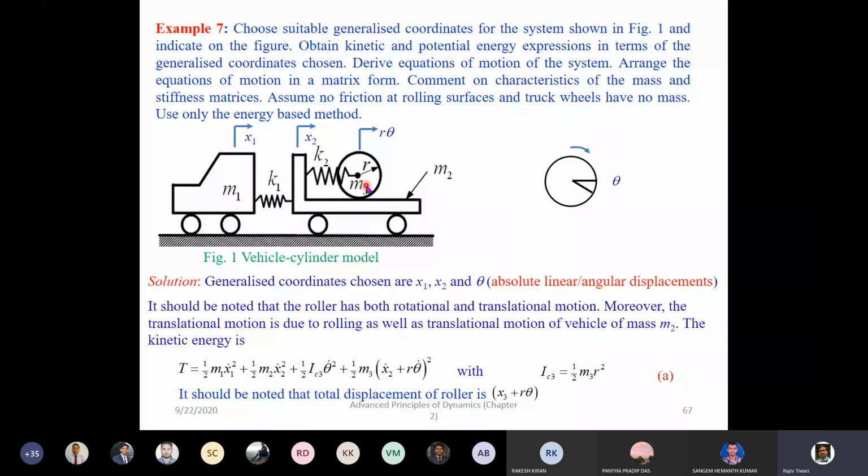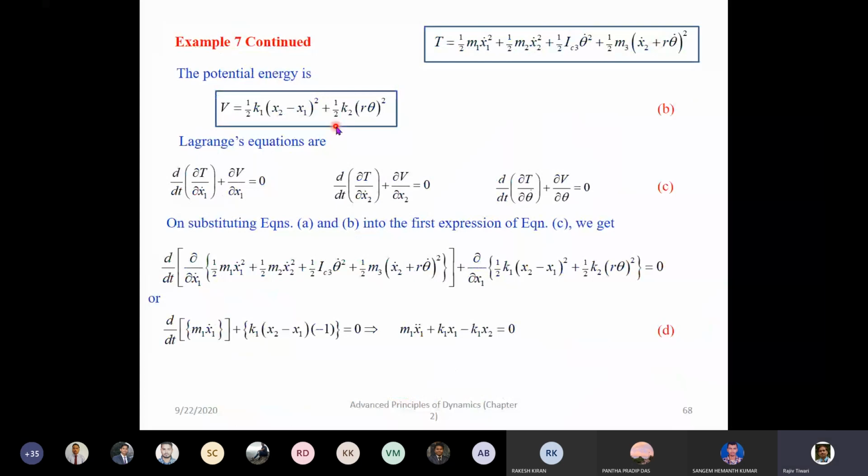So once we have the potential energy and the kinetic energy, here you can see there are three generalized coordinates. So this is one of Lagrange's equations for x1, this is for x2, and this for theta. These three equations will give us three equations of motion when we differentiate the kinetic energy and potential energy one by one.